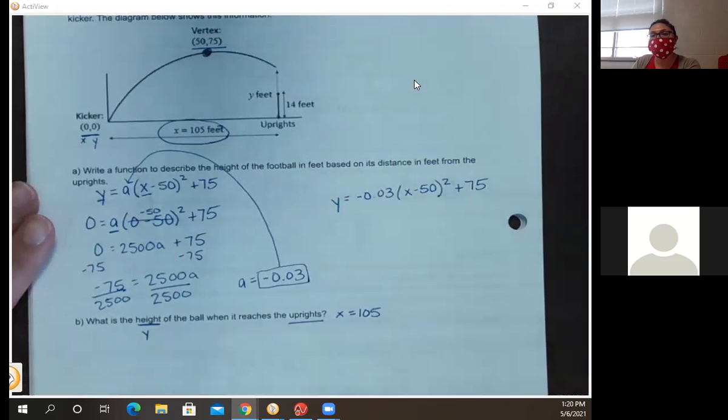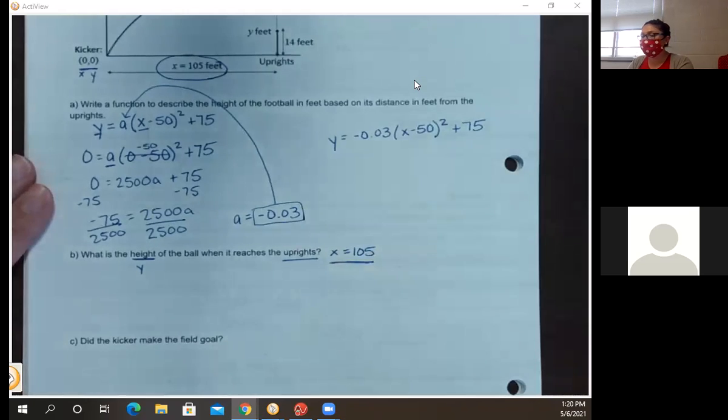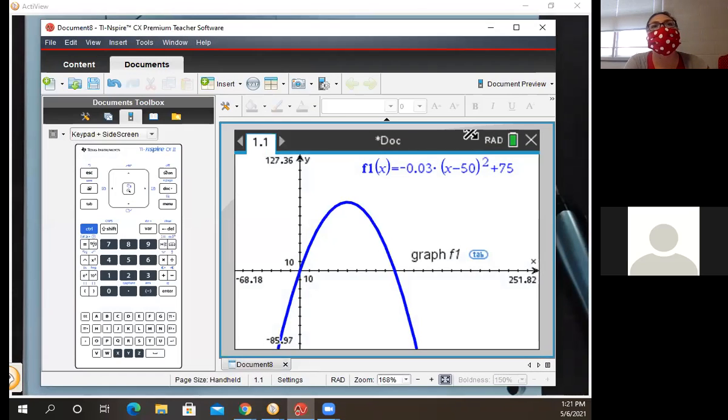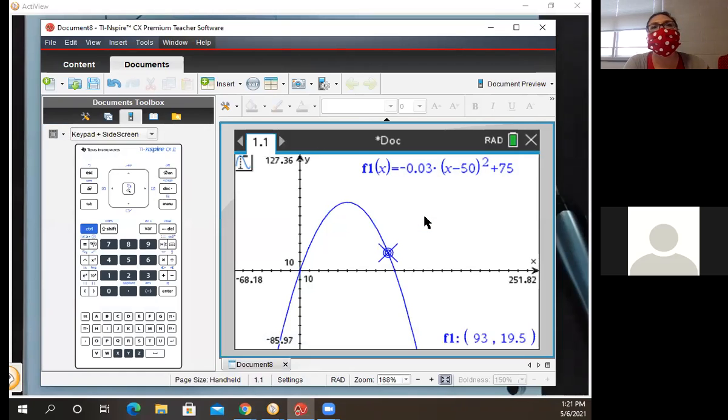So just like we did with our baseball example yesterday, I'm going to go back to my graph and do a trace to figure out what's the y value when my x is 105. I'm going to bring my graph back up. I'm going to hit menu, trace, and we're going to do a graph trace.